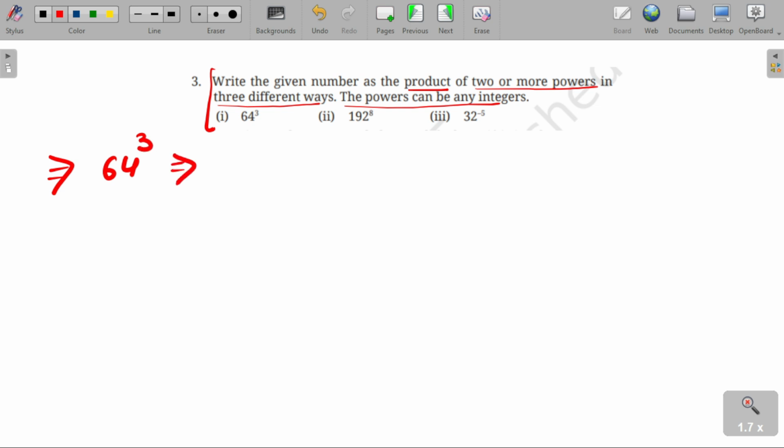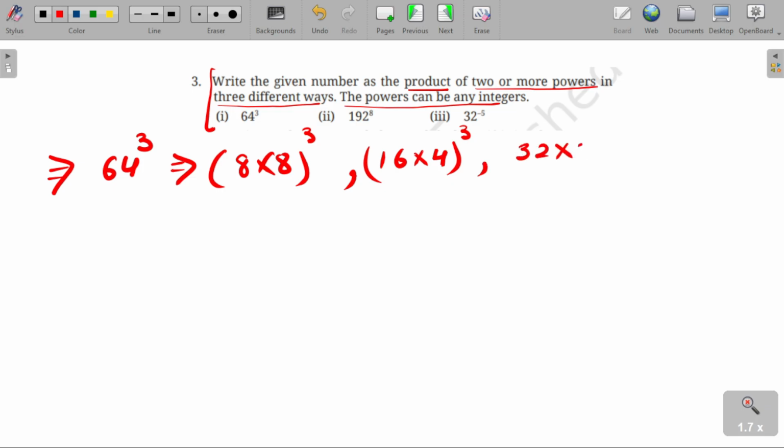See, how can we write 64? 64 can be written as 8 into 8. It can be written as 16 into 4. It can be written as 32 into 2. Three ways. Let's quickly resolve them.